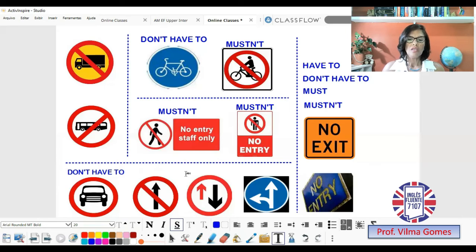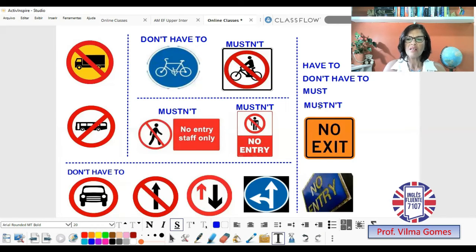Look at this sign here. Let's imagine you are driving. Can you drive in that direction? Can you drive straight ahead? Você pode dirigir, você pode seguir em frente, straight ahead. No, you can't, right?